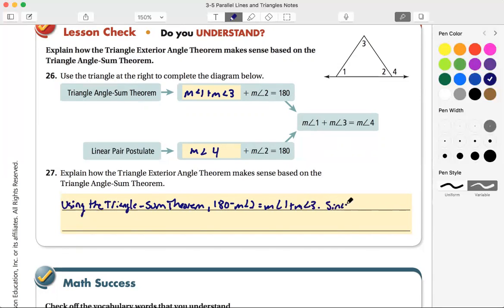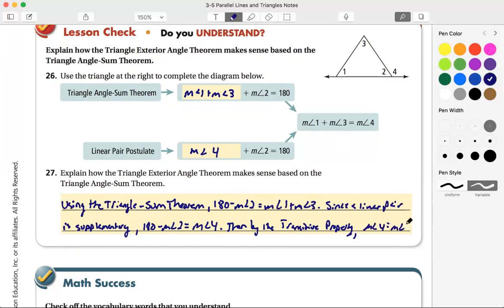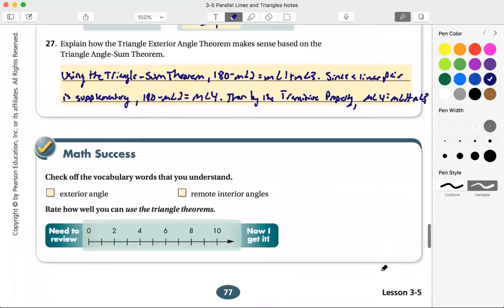Since a linear pair is supplementary, 180 minus the measure of angle 2 has to equal the measure of angle 4. Then, by the transitive property, the measure of angle 4 equals the measure of angle 1 plus the measure of angle 3. And that is it for this section.